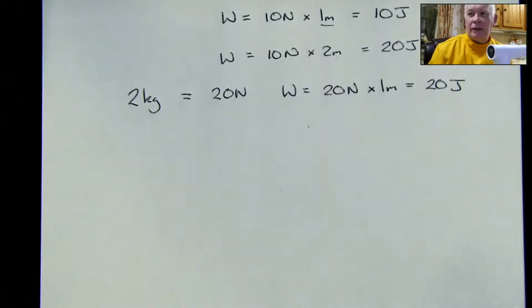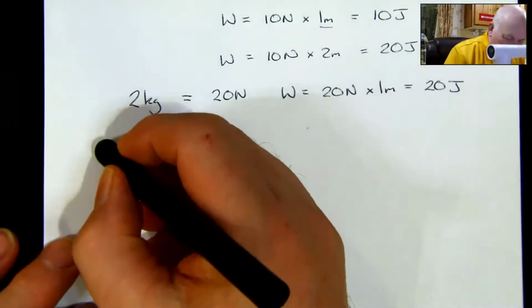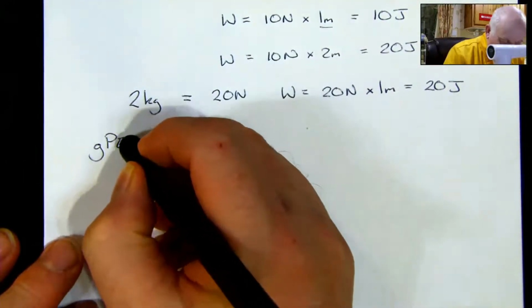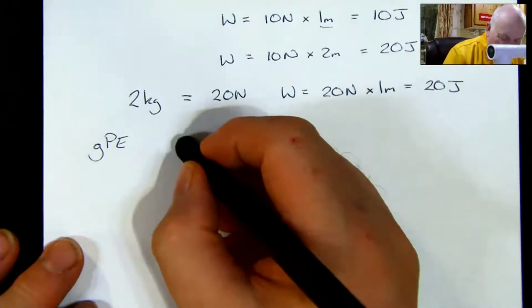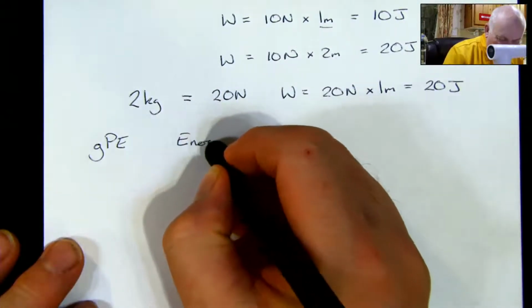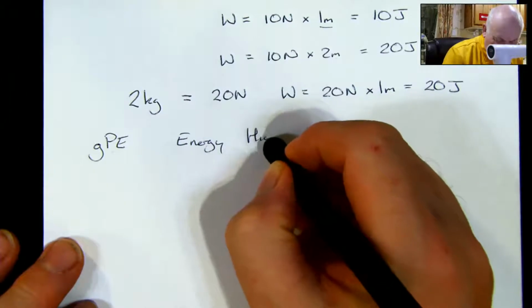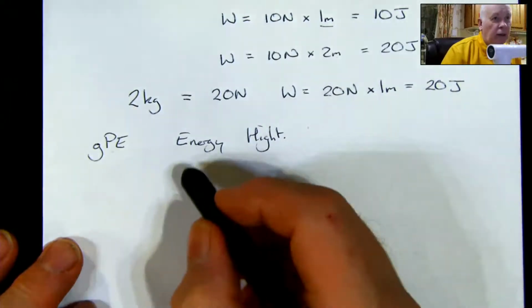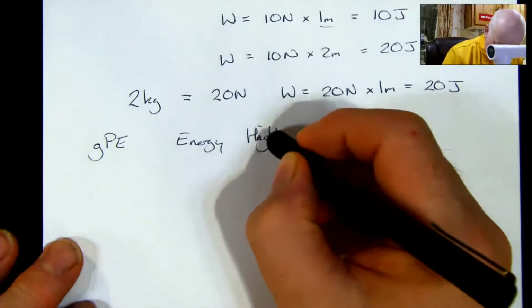Right, okay. So the last little bit I want to look at is we talked about gravitational potential energy. Now, this is the energy, if you like, of height. Let's see how we can do this.